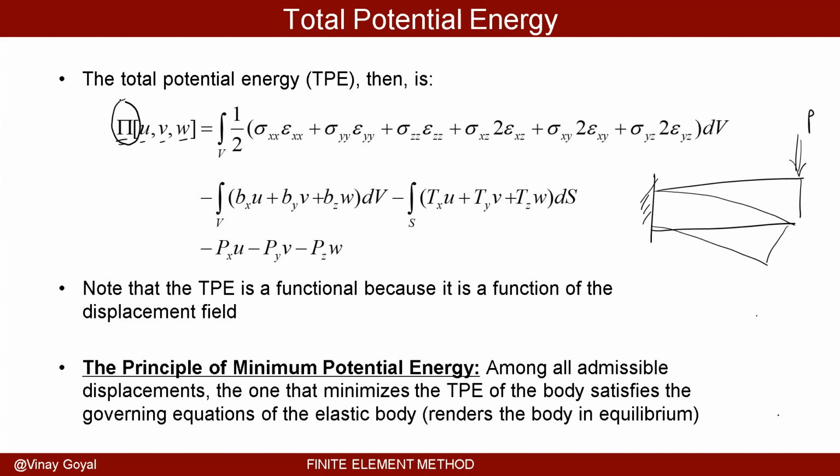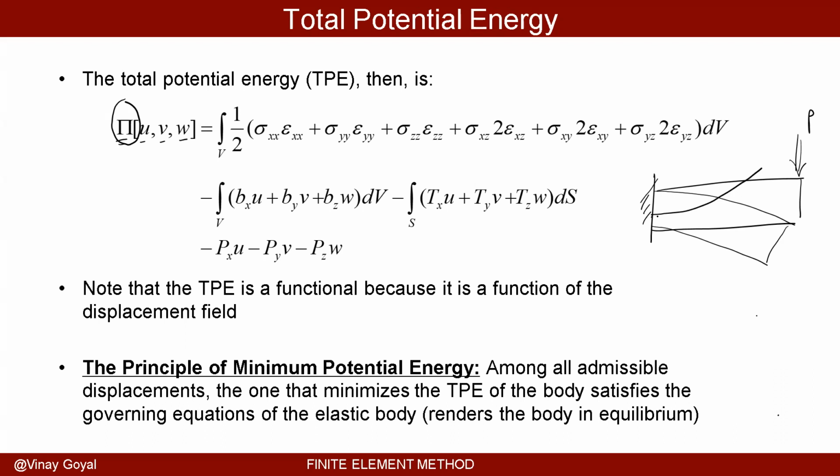And for that to occur, you must satisfy the governing equations of elasticity of this body. In other words, the body is in equilibrium. So perhaps the deflection of this beam is like this, and you said, no, that's not the deflection of the beam. Yeah, I agree.